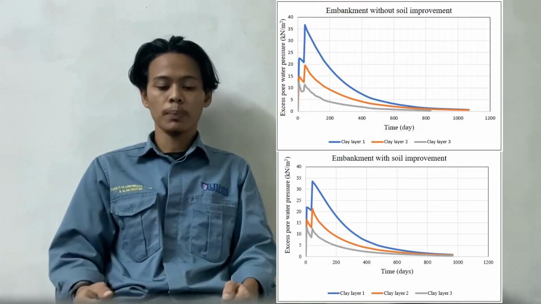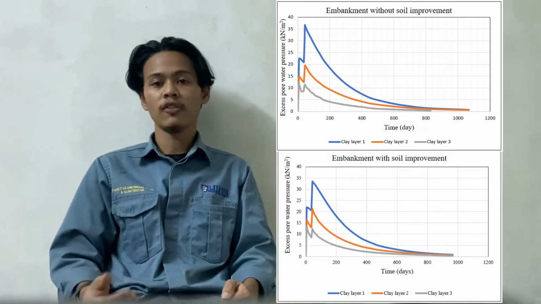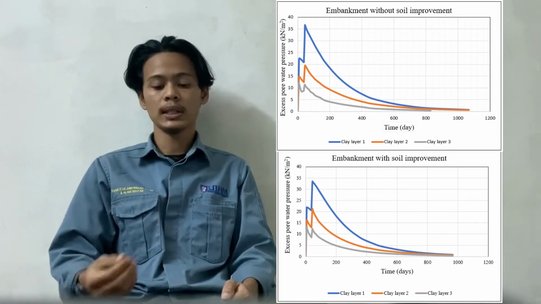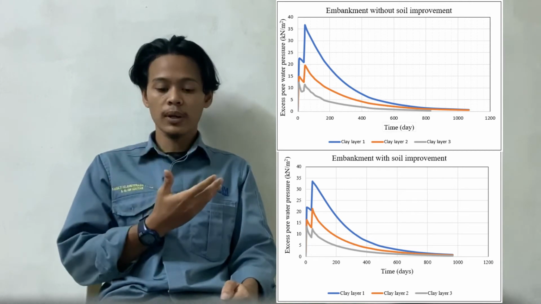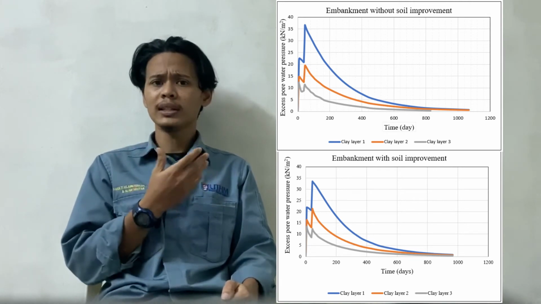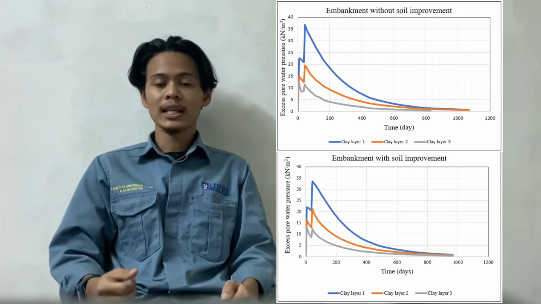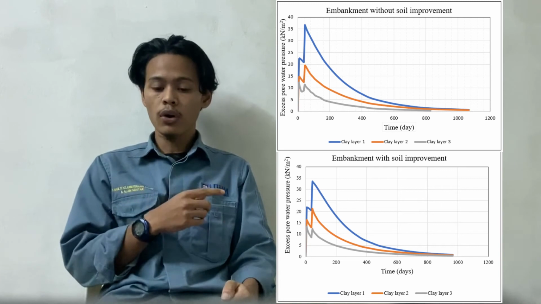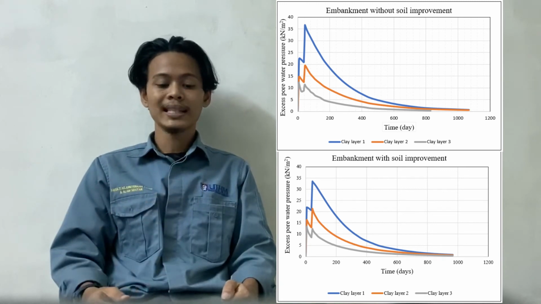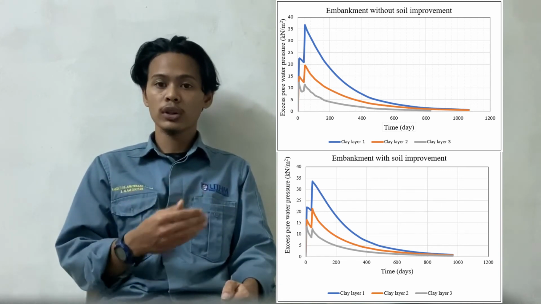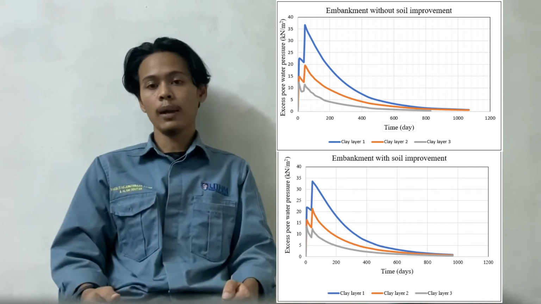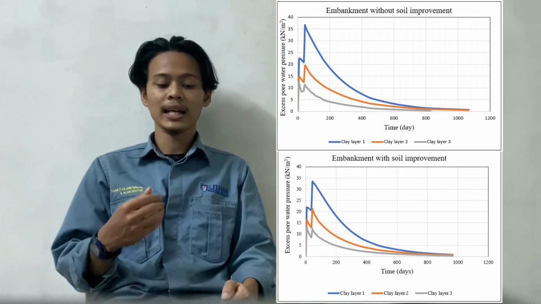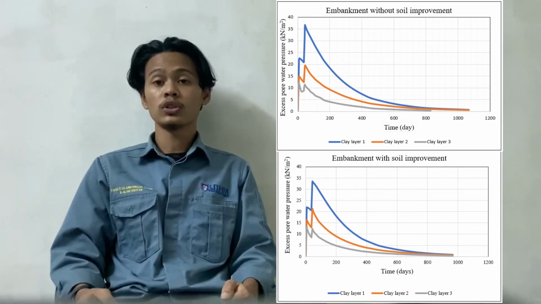For excess pore water pressure, data have been obtained from Plaxis 2D. The coordinates were selected from three different layers, which are point C (4,2), point D (4,8.5), and point E (4,14.5). During the consolidation time of 30 days, the pore water pressure discharges faster in construction phase 2 compared to construction phase 1.